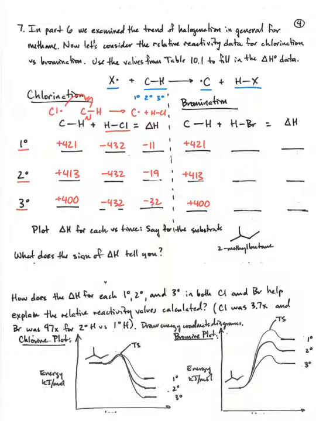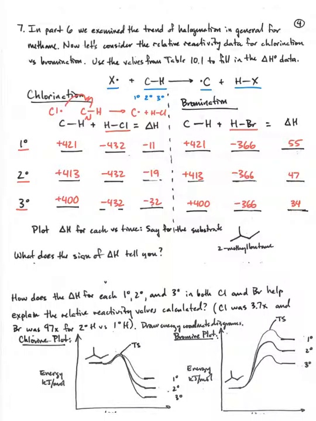So they're all evolving energy, and that's important when we compare that to the HBr case here. Again, this is going to be negative 366 for this entire column. We're going to add these together. We get 55, 47, 34.